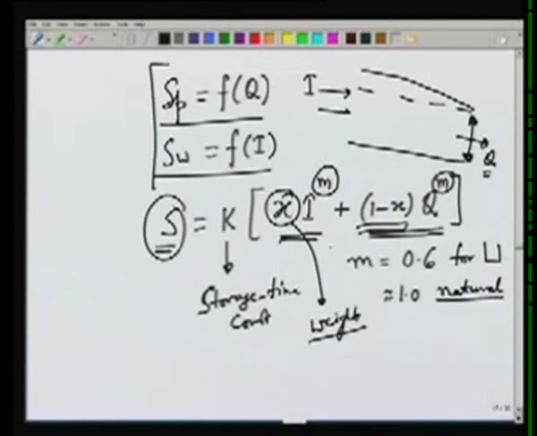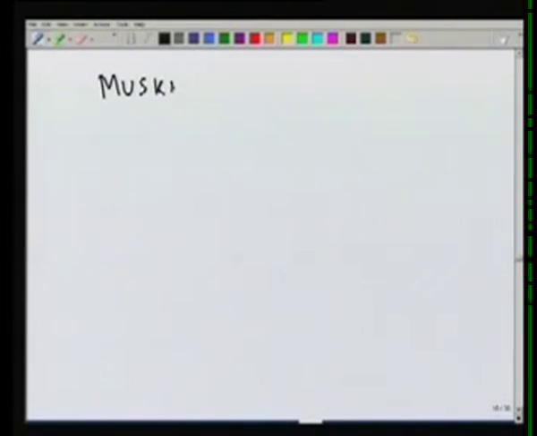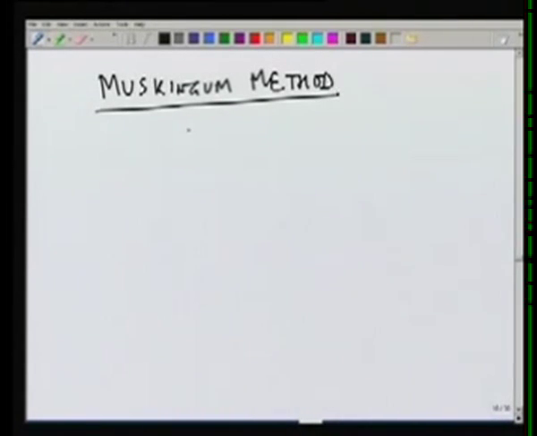So using this equation, we can obtain various methods of routing the flood through the channel. Knowing the inflow, we again want to compute outflow Q for the channel, and one of the methods which is quite commonly used is known as the Muskingum method. In the Muskingum method, we take M equal to 1.